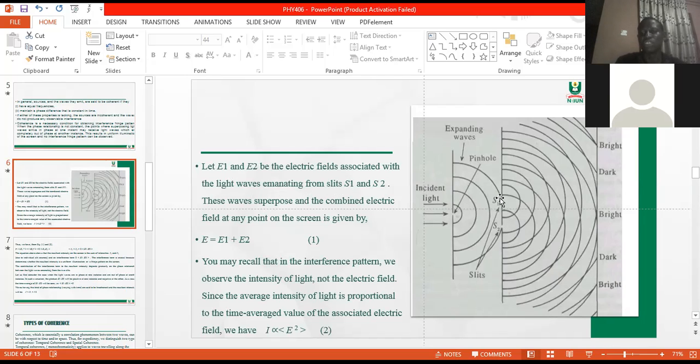We have the Young's double slit experiment here. Now, the light travels through this pinhole and passes through this double slit.